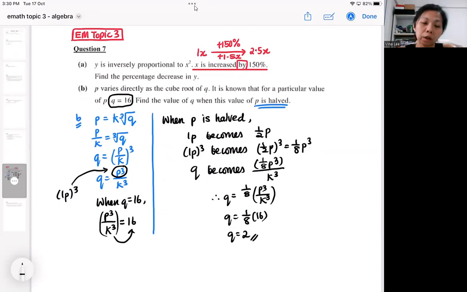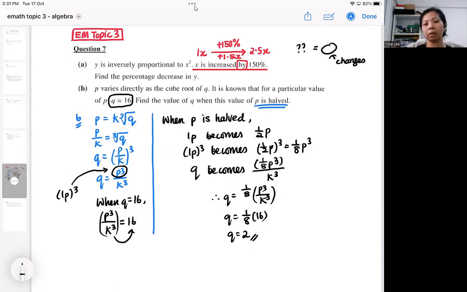The question can actually follow up to ask you for the percentage change in Q as well. You can calculate according to the 16. 16 becomes 2. What I will usually do is make sure that the changes are on the right side, and then I'll be asked about the left side.